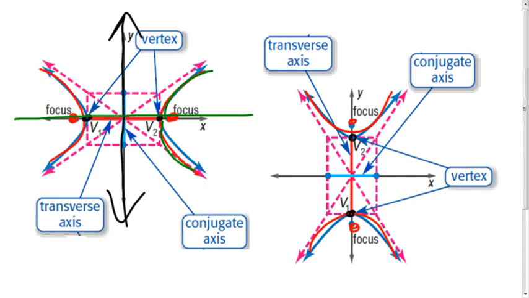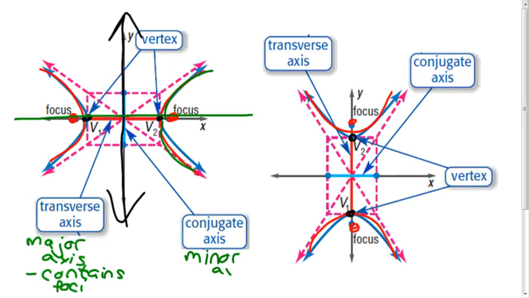You can think about the transverse axis as our major axis, and that contains the foci. And then we have our conjugate axis, which think of as our minor axis. So the major axis contains our foci, it contains our vertices.